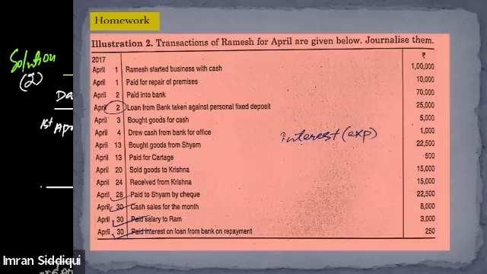And we are paying it against the loan, right? We must have paid interest by way of cash. Paid interest on loan from bank. So we must have paid it through bank. That means our bank balance will reduce. Expenses are increasing and bank balance is reducing.